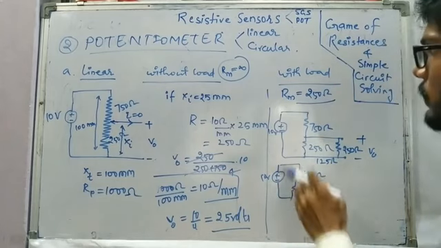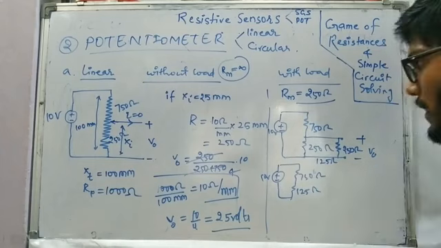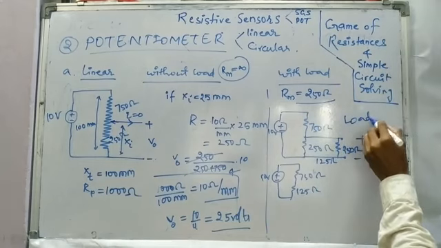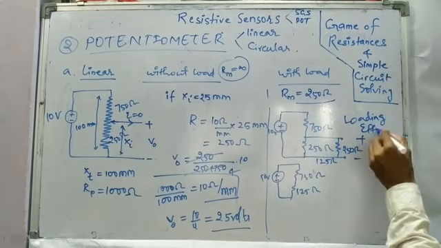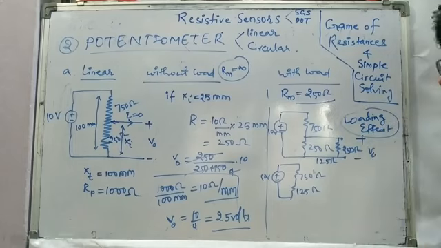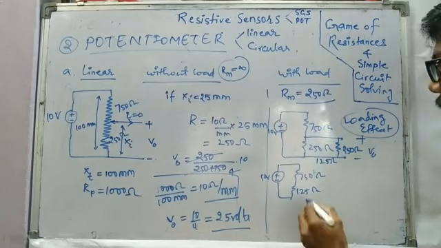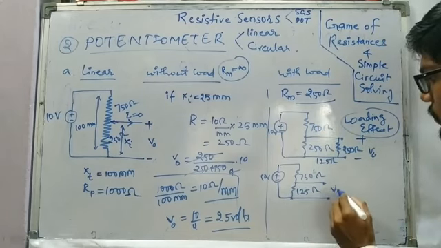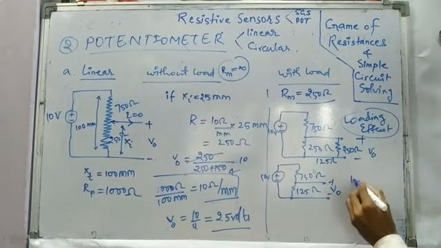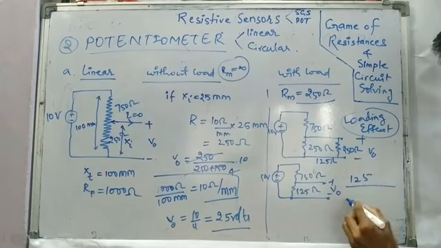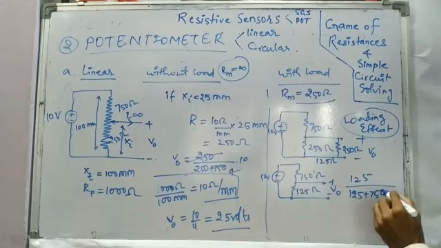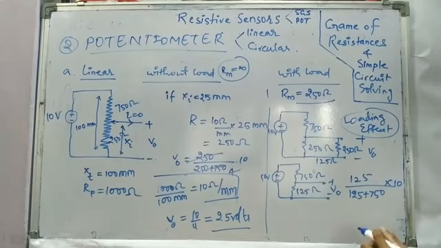The with load condition is also known as the loading effect condition. In this case, due to the finite resistance of the meter, it is going to produce some loading on the output reading. Now the output voltage will be simple voltage division: 125 ohm divided by 125 plus 750, into 10.